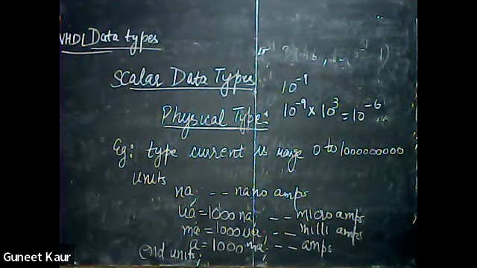The next unit declaration is milliampere. Then the unit declaration section is terminated by the end units clause. More than one unit can be declared in terms of the base unit. Means the MA unit we can declare as 1000 UA or 1 into 10 raised to power minus 6 nanoampere.